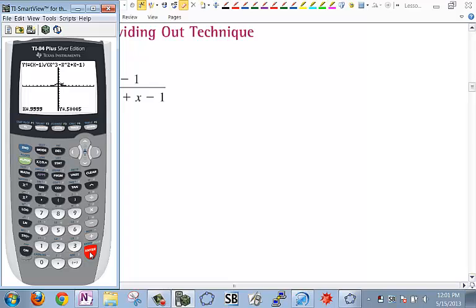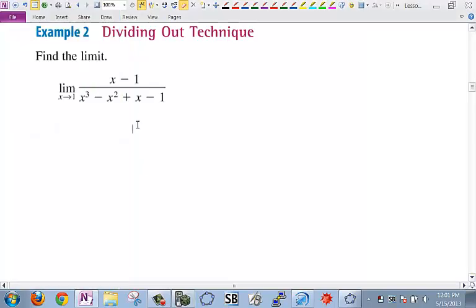Okay, let's prove it. What technique are we going to use to do this limit? What technique am I going to use to take this function and discover a new one that's identical to it except at one point? Divide, cancel factors. Your calculus textbook next year calls this the factorization technique, when you factor and cancel the common factor.